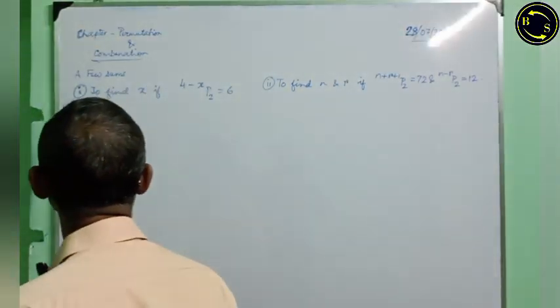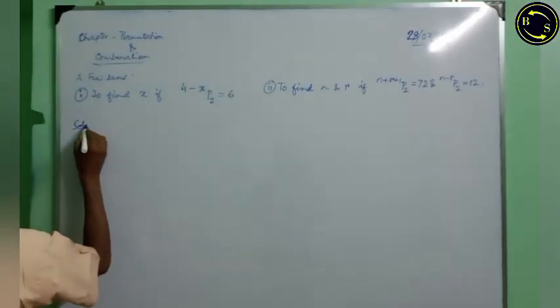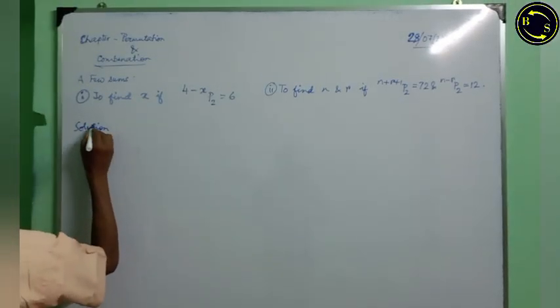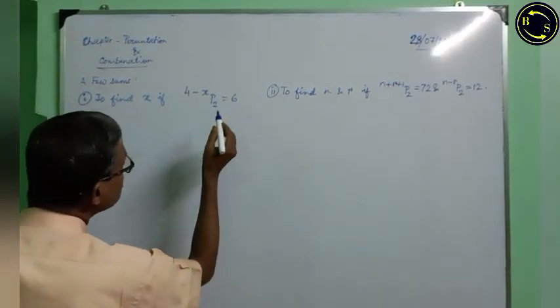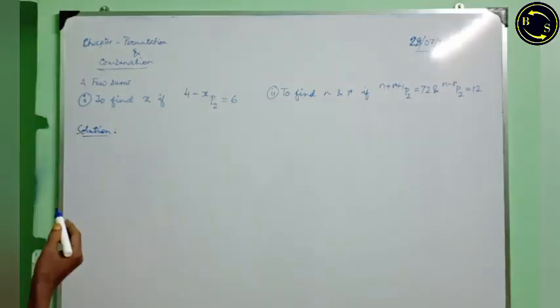Number one. (4 minus x) P 2 is equal to 6. We have to find the value of x.